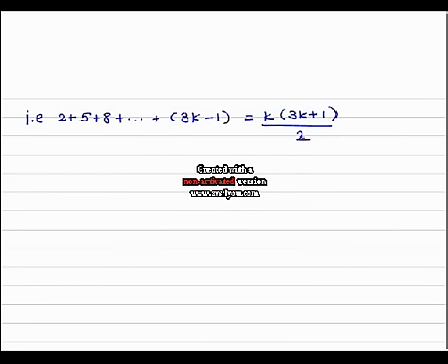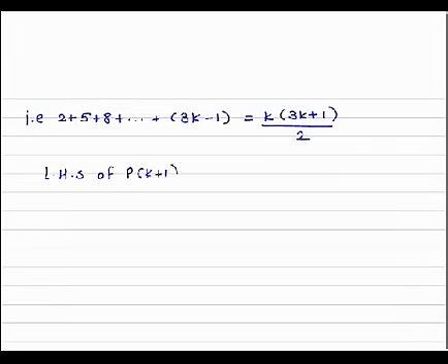So this is our P(k). Remember this P(k) to use for P(k plus 1). So we start with the LHS of P(k plus 1), that is equal to 2 plus 5 plus 8 plus dot dot dot plus (3k minus 1) plus (3(k plus 1) minus 1).